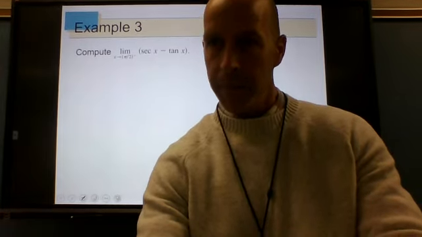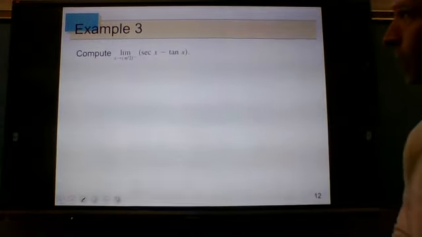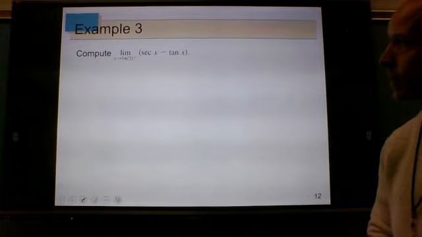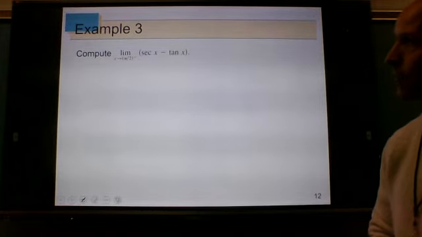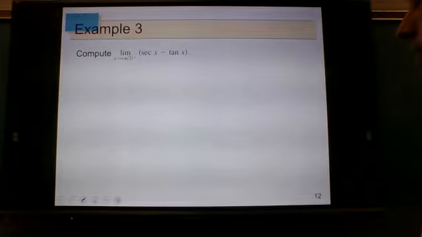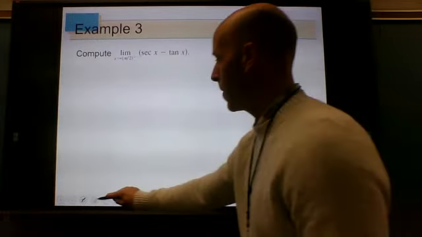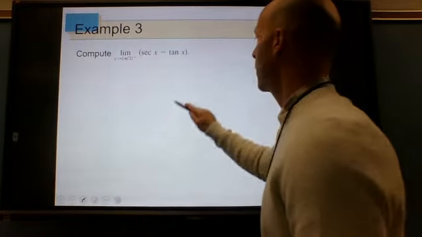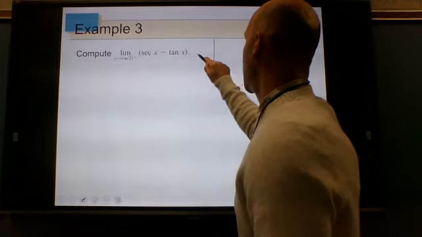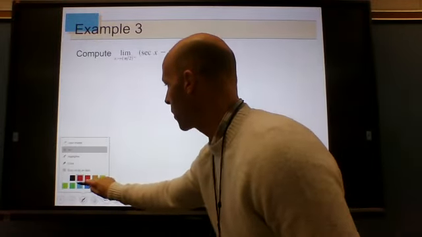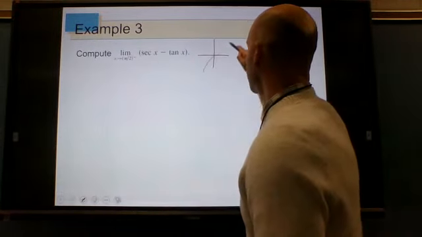Okay, good. All right, so we're going to do a trigonometric one here. It says compute the limit as x goes to pi over 2 from the left. So this is, again, a one-sided limit. We're doing secant x and tangent x. And maybe just to review, if you think about the tangent curve, it looks like this.